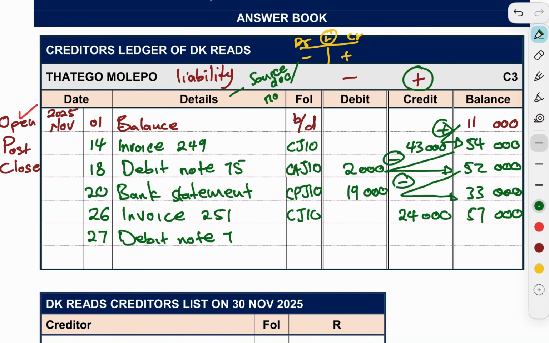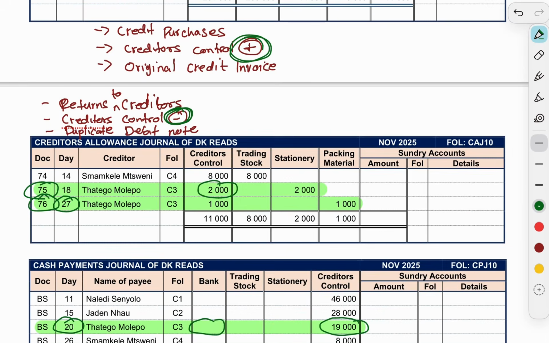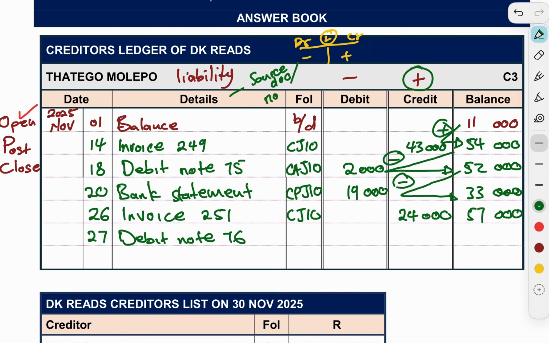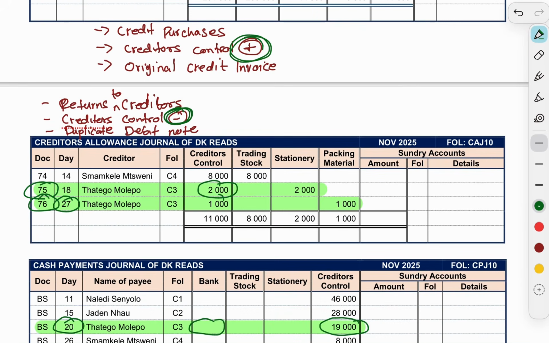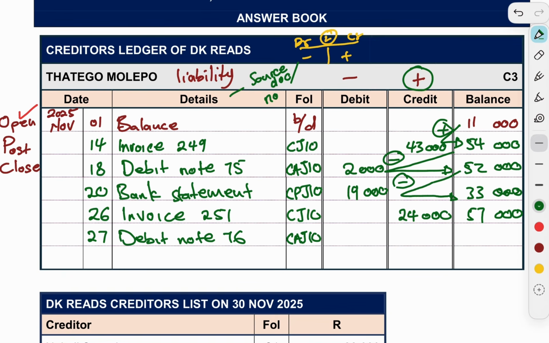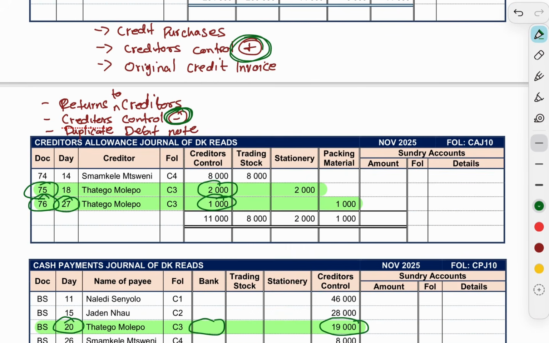Was it 76? Let's go back and check. Yes, it was 76, from CAJ number 10. We are reducing the account because we returned. So how much is it? It's 1,000. So what is the new balance now? It's 56,000.